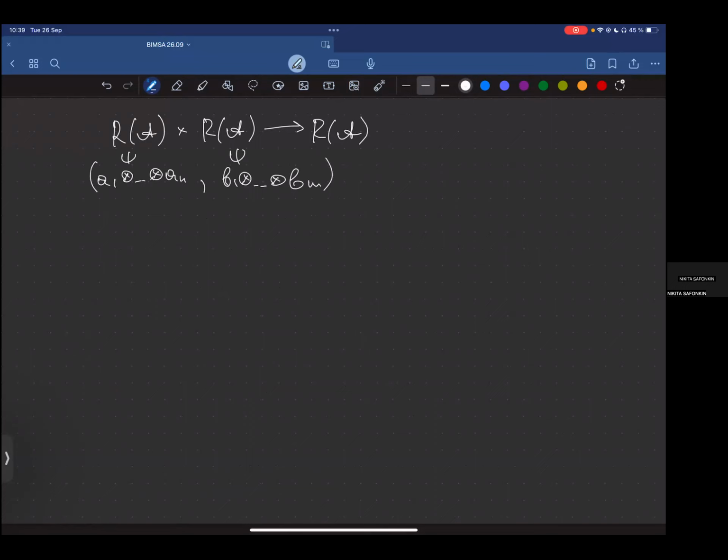So we take these two guys and send them to this pretty nice element, a_1, ..., a_{n-1}, then we take the last component of the first element and the first component of the second element, and we glue them together, by which I mean that we take the product in A. So this guy belongs to curly A, because A is an algebra. So this is the product in this R of A.